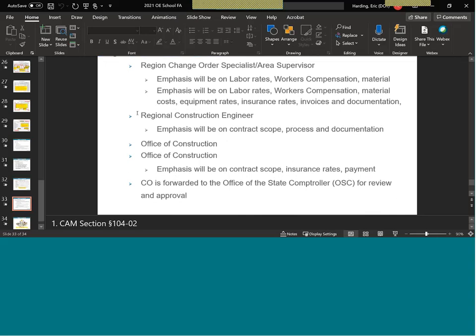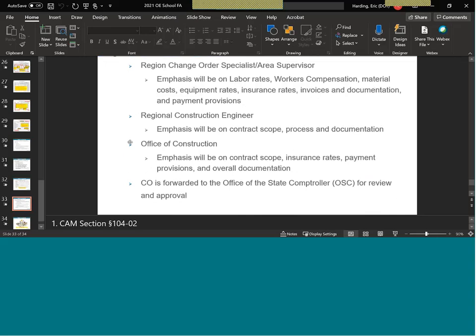The regional construction engineer's emphasis will be more on the contract scope, process, and documentation. They're looking at, does this force account fit the scope of the contract? And they're in the loop, at least in Region 9, typically if it's a big force account early on, so they're not surprised when it comes through.